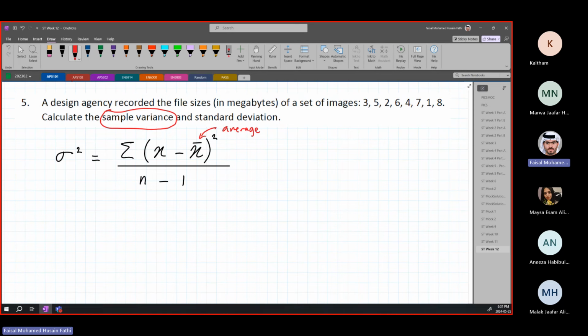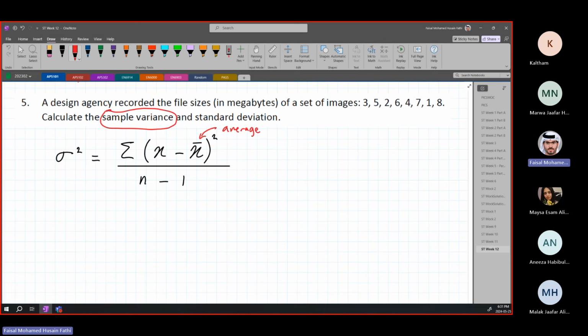I'm not sure if they're giving you any formula sheets or not. If not, make sure you know the differences between each, what the sample variance means and what the standard deviation, what the population variance means and all of that. All right. Anyways, this is the general form.